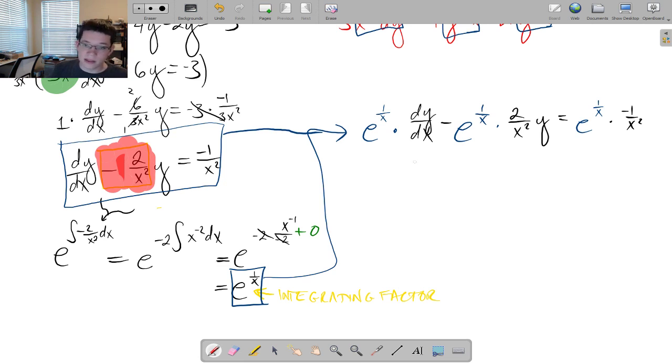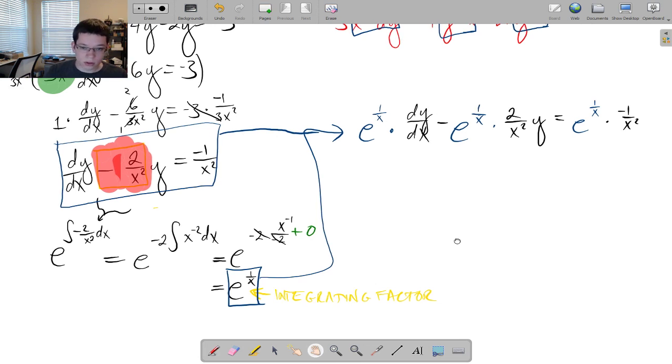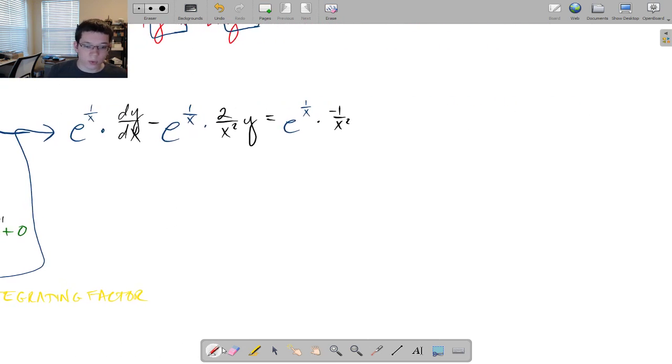And this is where we start to be able to solve. Now, if you recall from Calculus 1, you have the derivative of u times v equals u v prime plus u prime v. That seems to be what we have here.